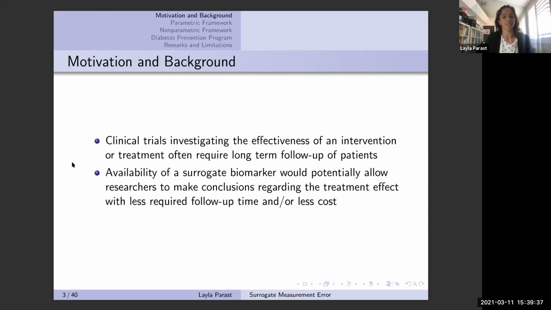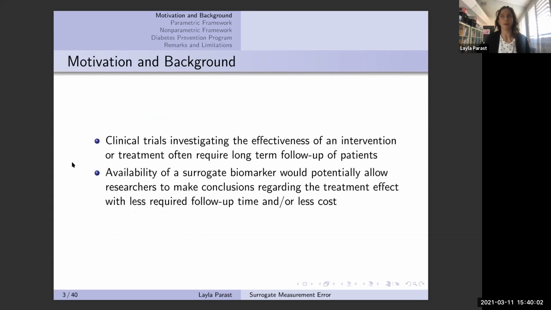So, as I'm sure all of you know, many clinical trials investigating the effectiveness of an intervention or treatment often require long-term follow-up of patients. In those kinds of settings, the availability of a surrogate marker could potentially allow researchers to make conclusions about the treatment effect with less required follow-up time or less cost.